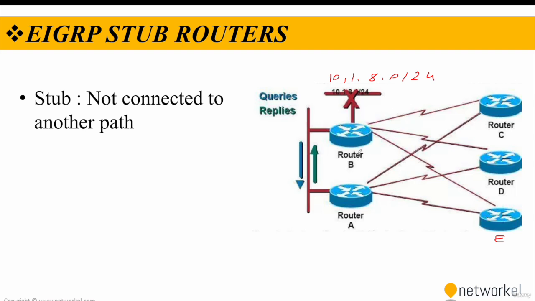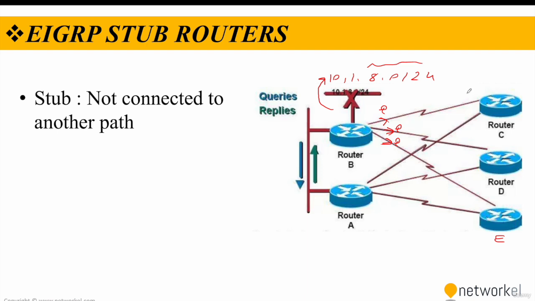If router B somehow loses connectivity to this segment, and it doesn't have any feasible successor, then router B will start sending query messages to its neighbors. It will ask the other routers, hey router C, do you have any information about this network? I lost the connectivity. Hey router D, hey router E. It will send a query from here, and a query from here.